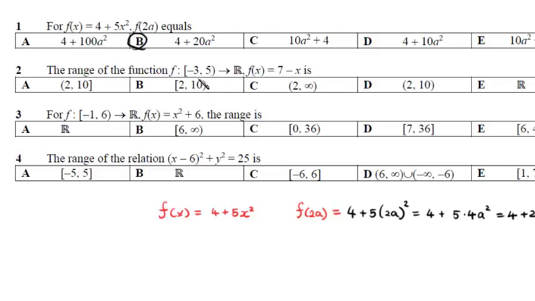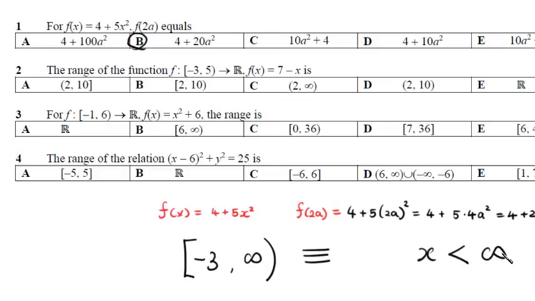I'm going to explain this square bracket. This [-3, infinity) is equivalent to, I'm going to write it here, x is between infinity and -3. You have to know that next to the -3 you have a square bracket, right?